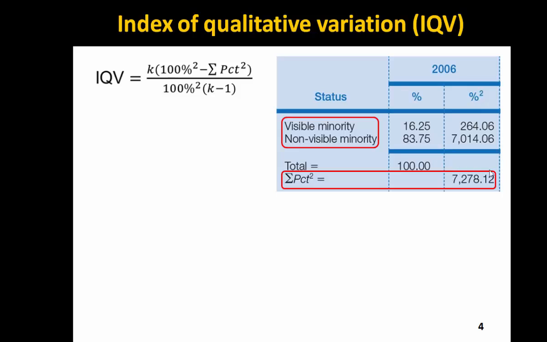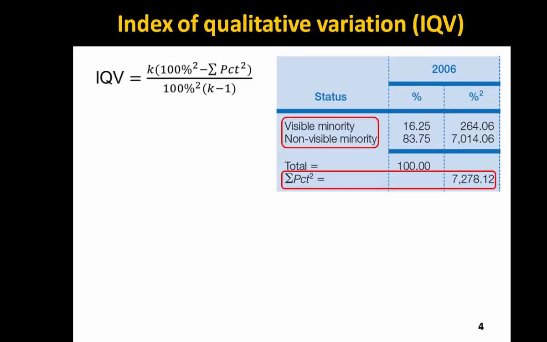Now, this value in and of itself has very little meaning, but based upon the equation that's been established, it's going to be critical to include in order to gain a sense of how much the categories of our nominal variable vary with respect to each other.